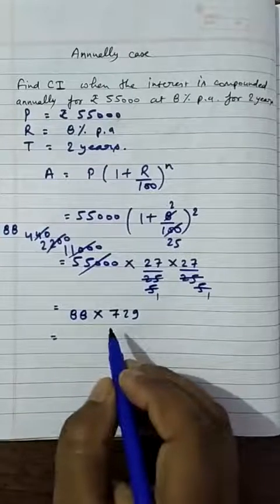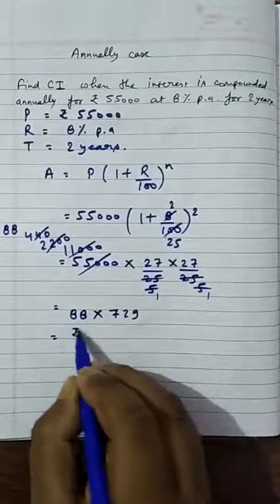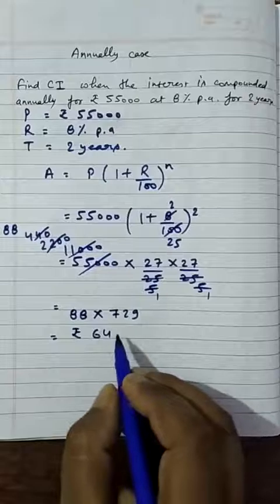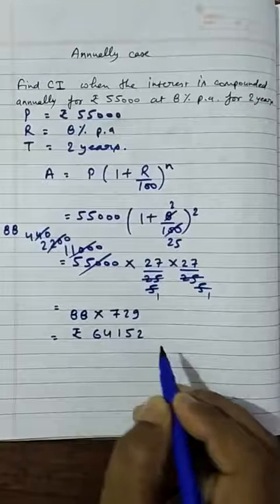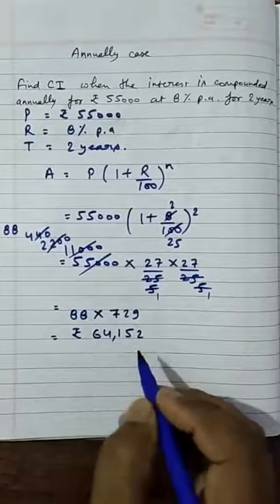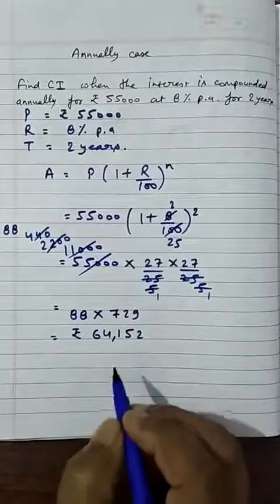On multiplying these you get rupees 64,152.